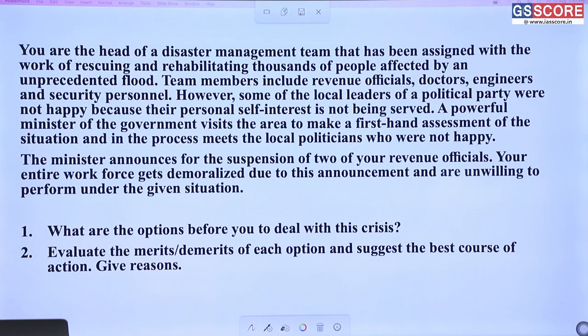A powerful minister of the government visits the area to make a first-hand assessment of the situation, and in the process meets the local politicians who were not happy. The minister announces the suspension of two of your revenue officials. Your entire workforce gets demoralized due to this announcement and is unwilling to perform under the given situation.